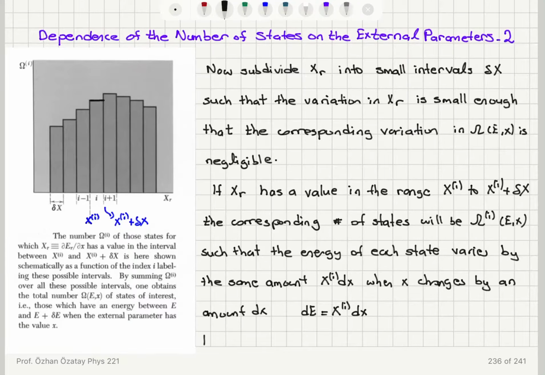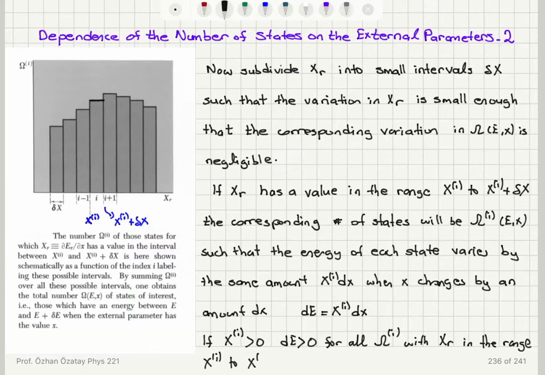So if we have the del del x value xi positive, then the change in the energy, the shift in the energy levels, will be positive for all particular states omega i with xr in the range xi to xi plus delta x.